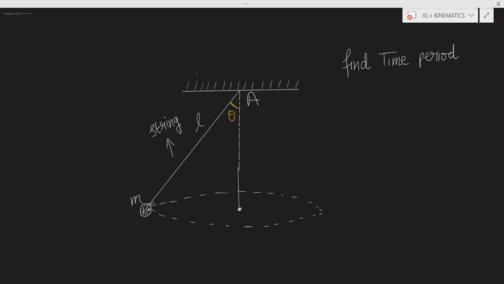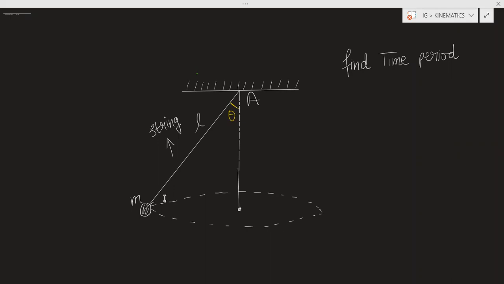Now how will we find the time period? Time period of revolution of this mass. For that we should know what is time period. Time period is the time taken by this mass to complete one circle. That we want to find.